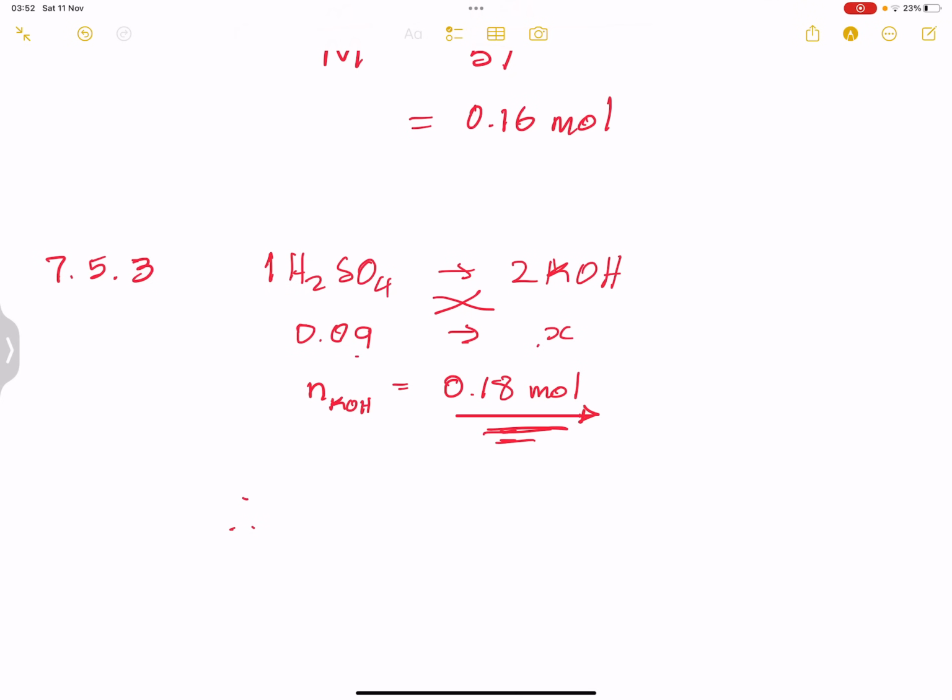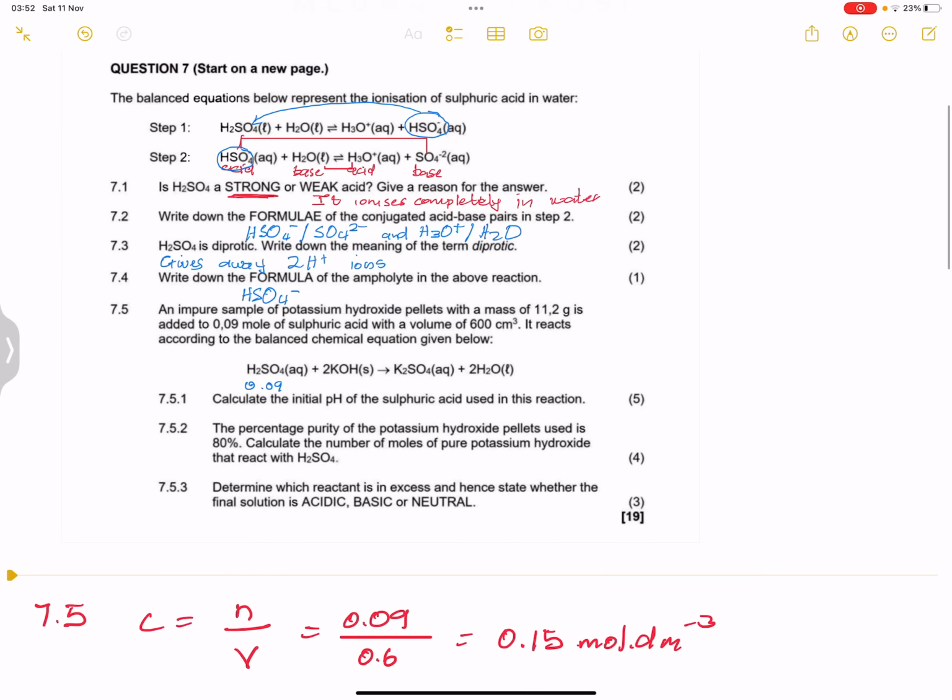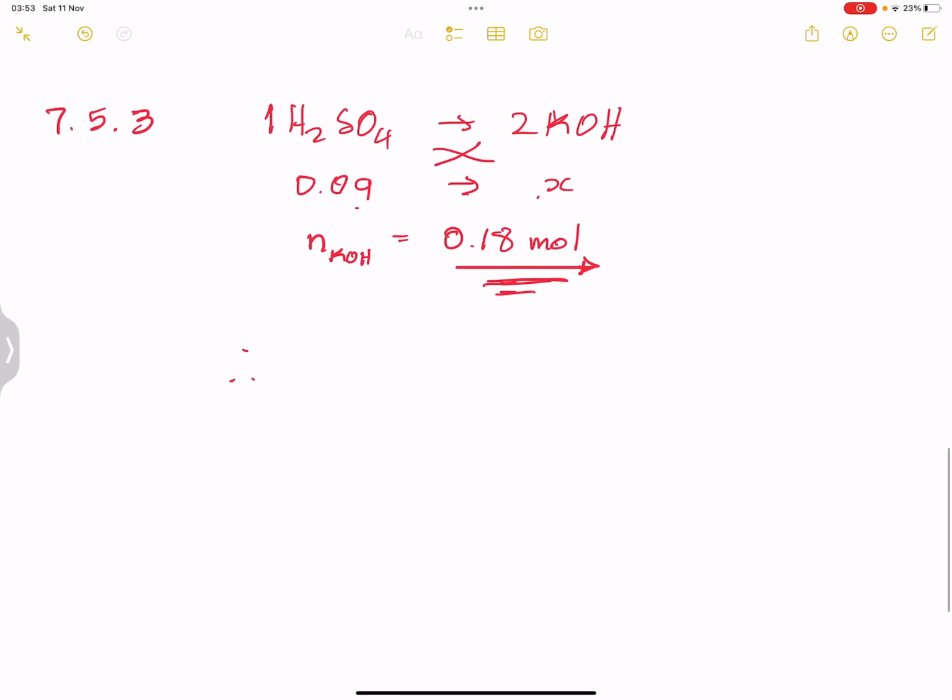So in answering the question, we're going to say the final solution will be acidic. So therefore, our final solution will be acidic, because the number of moles of base that is required to react with the acid is more than what is available.